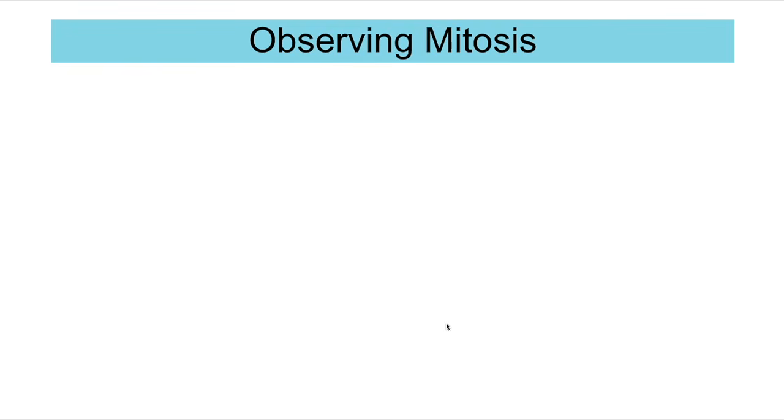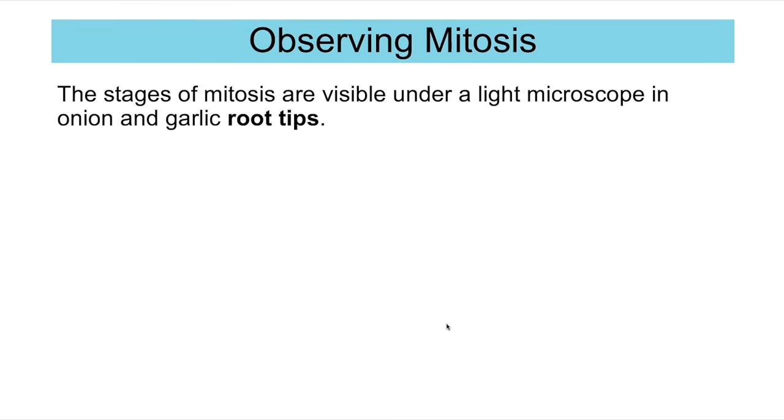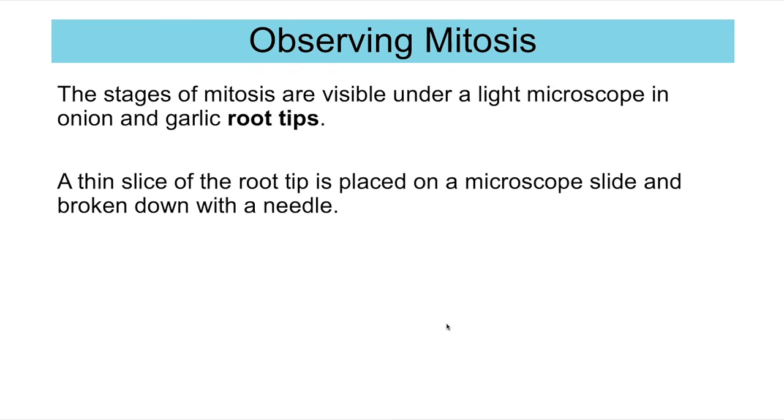Now, you could be asked to observe mitosis under a microscope. And often this is done with root tips of plants such as onion and garlic. That is because at the very tip of those roots is where lots of mitosis is occurring, and therefore you're more likely to be able to observe mitosis at those points.